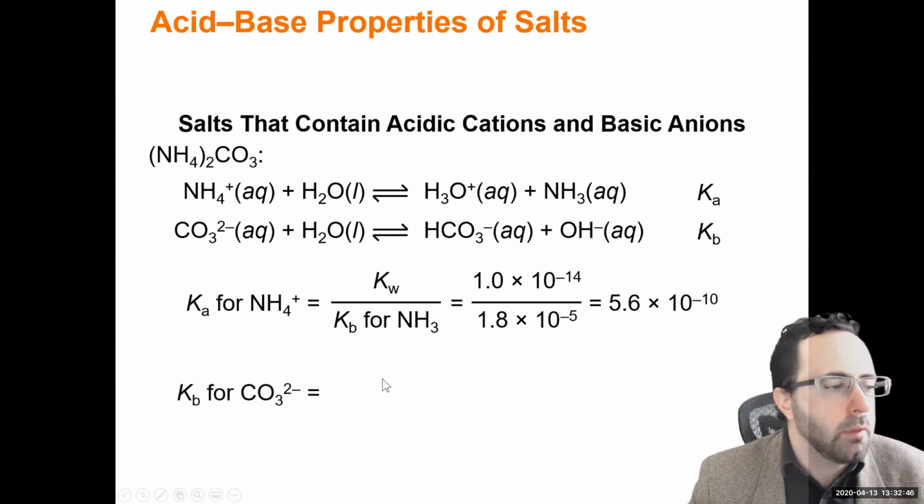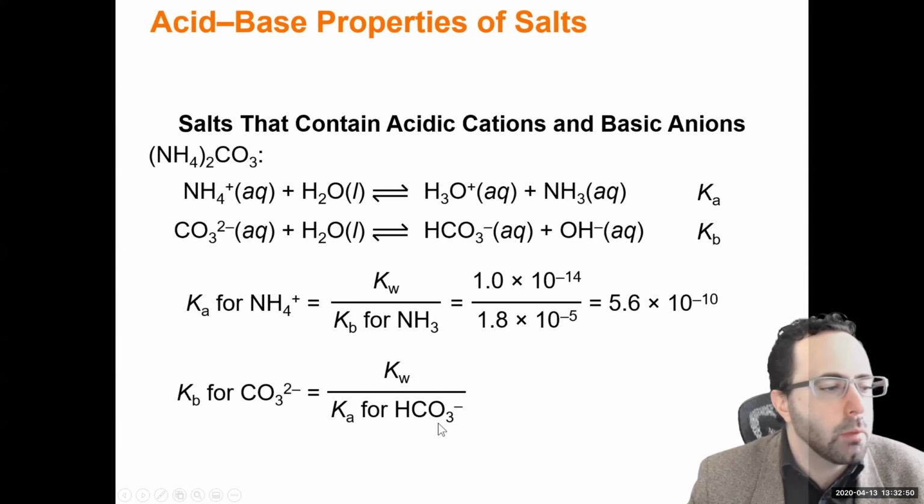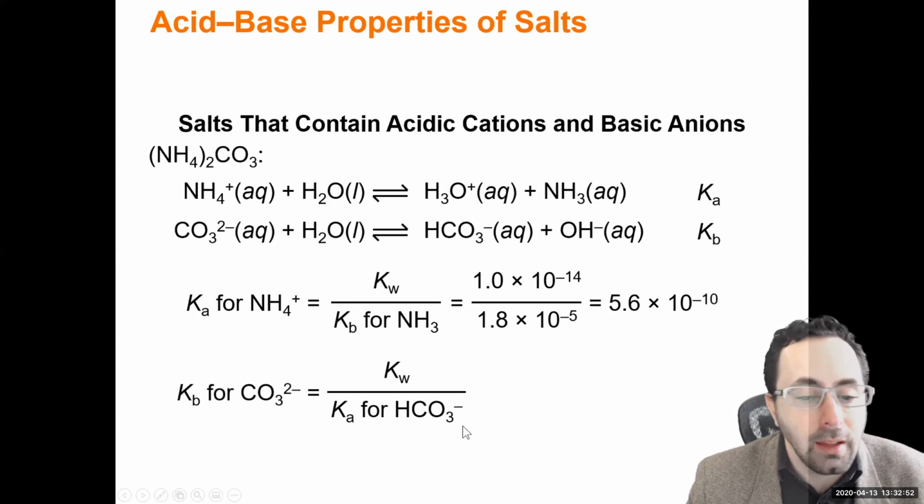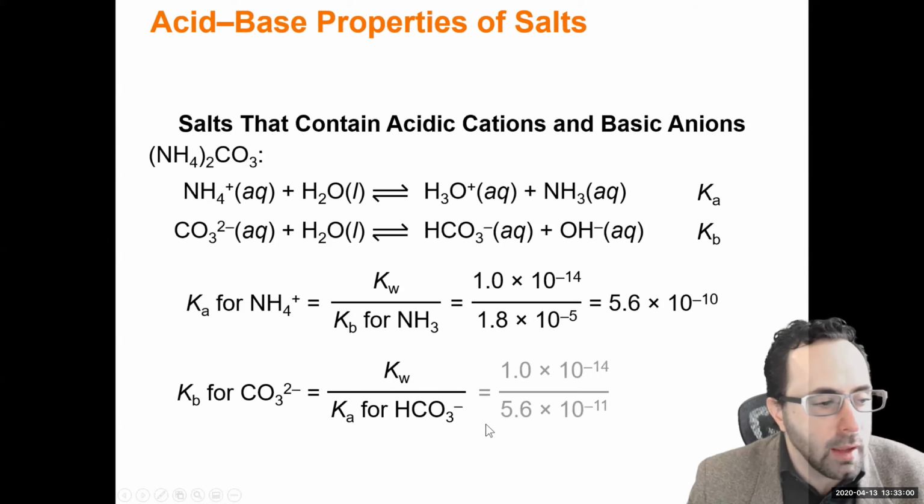Then Kb for carbonate ion will be Kw over the Ka for bicarbonate ion, which is Ka2 for carbonic acid. If carbonic acid lost 1 proton, it makes bicarbonate ion. So this is when it loses a second. And so we looked that up from the appendix. It was 5.6 times 10 to the minus 11.